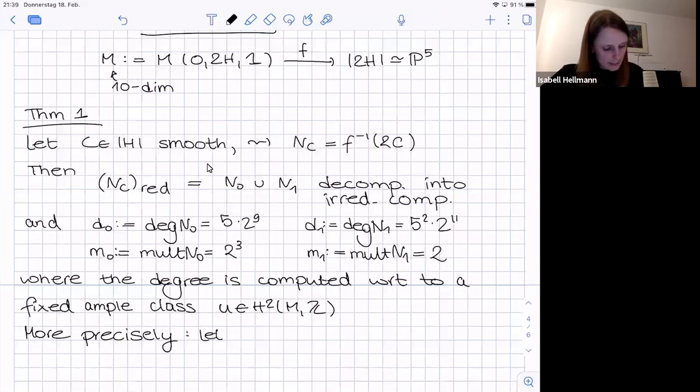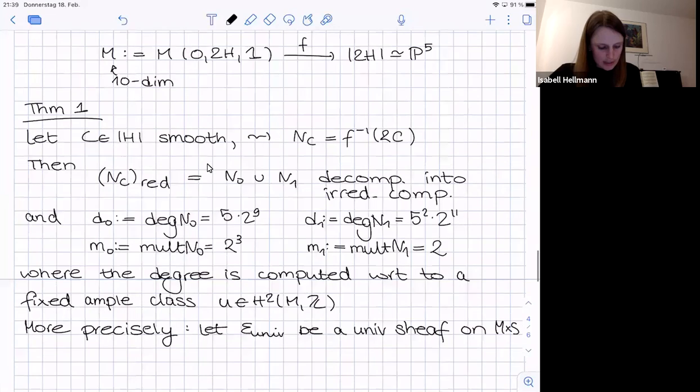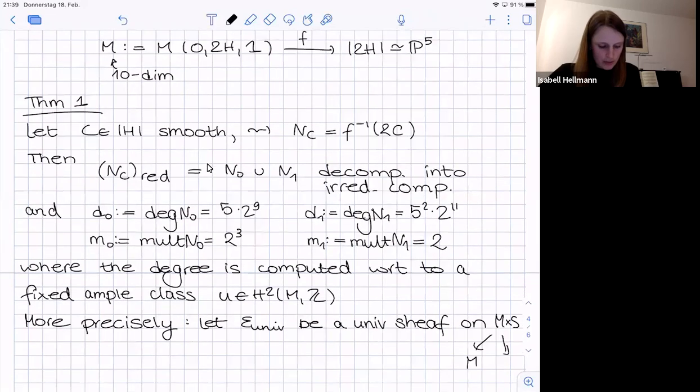I take a universal sheaf on M times S. This comes with two projections to M and to S. The one I call P and the other I call Q.